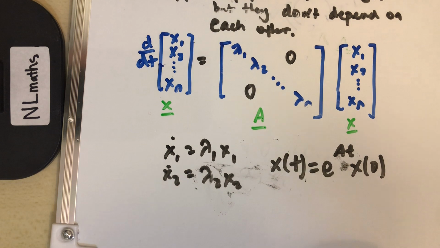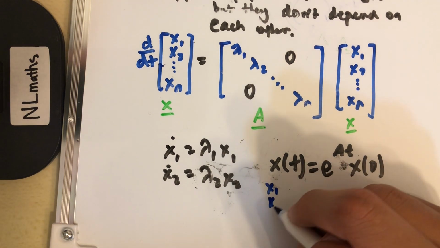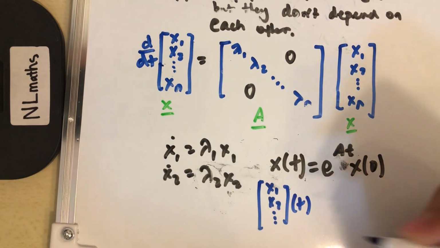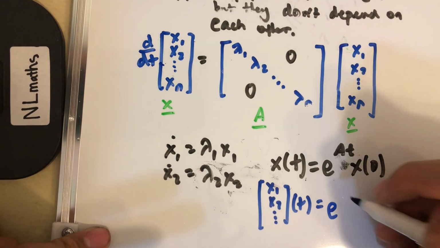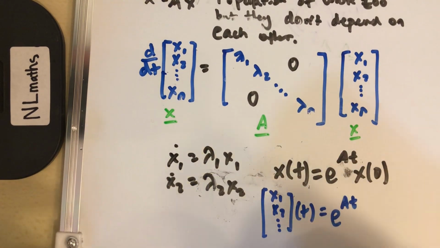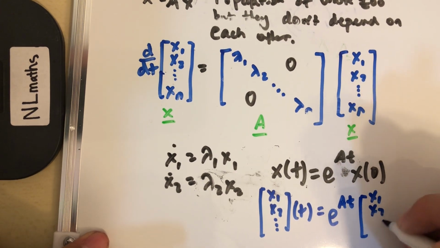So this is very easy to do, and if I write this out fully, then x1, x2 of time t equals e to our matrix At times x0, which is x1, x2, and so on.